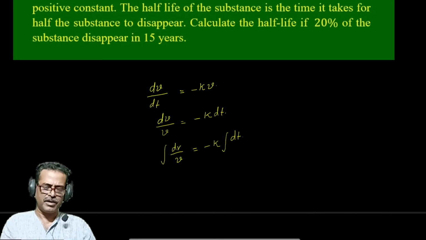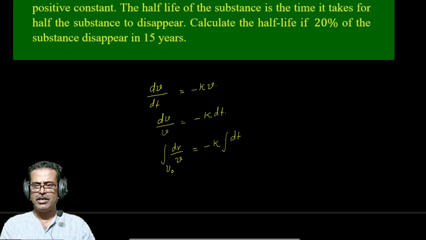Now the limit: initial volume V0, and 20% of substance disappears. That means 80% remains.